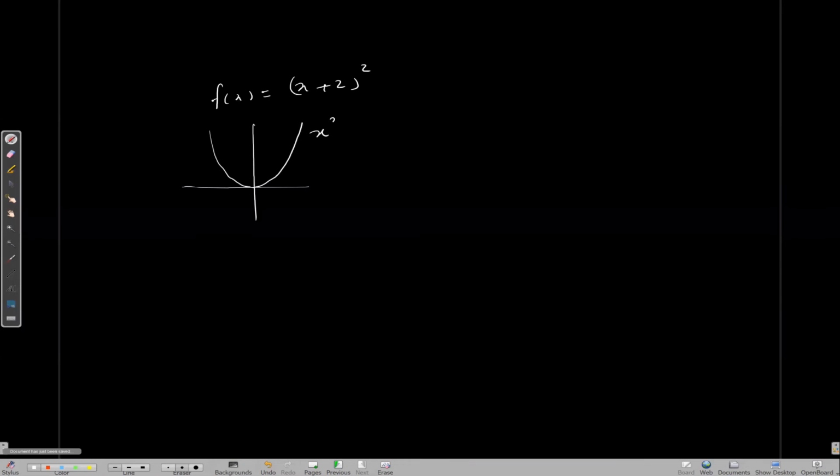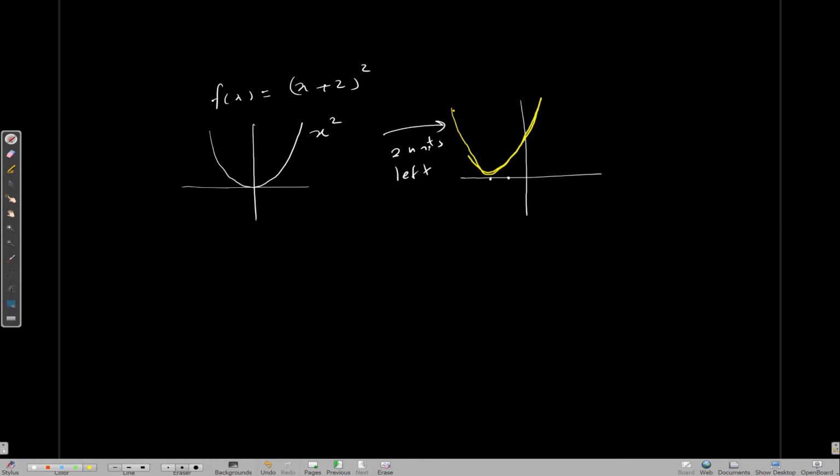I always suggest you draw it in another picture, because if you draw it in the same picture and do more than one transformation, sometimes 4 or 5 transformations, it's going to get ugly. So here, 2 units left. You can draw the table and check it for yourself, but after this point you don't have to. You just have to remember this transformation and apply it. So it will go 2 units left.